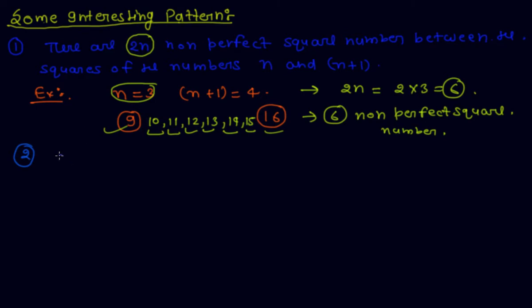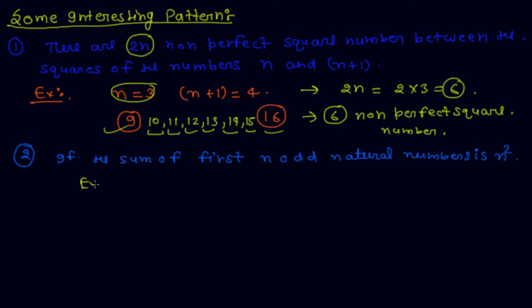So we can say that if the sum of the first n odd natural numbers is n square, we can say it in this form. Or we take an example.